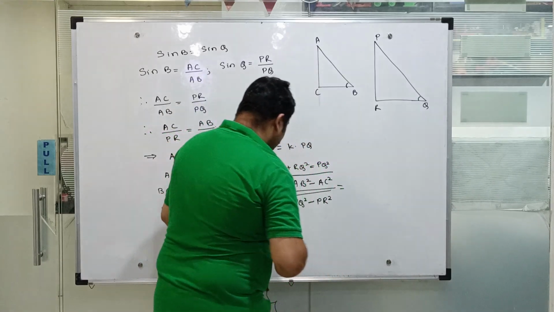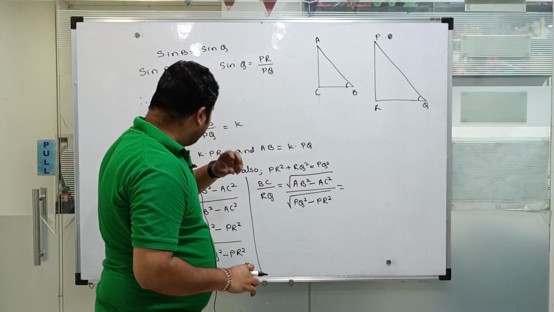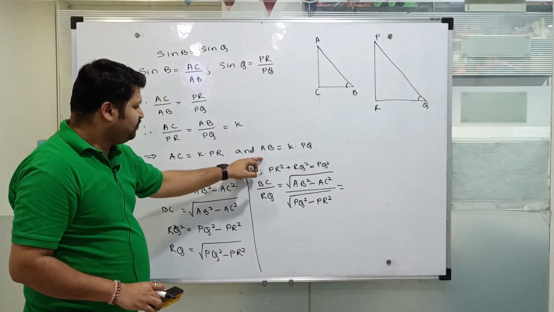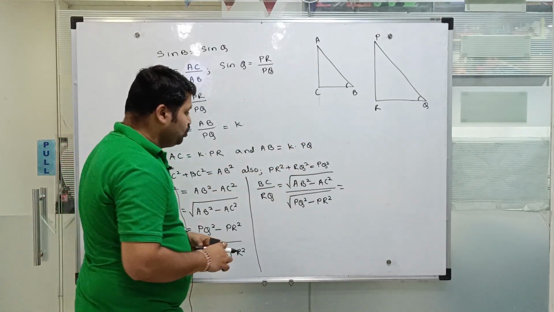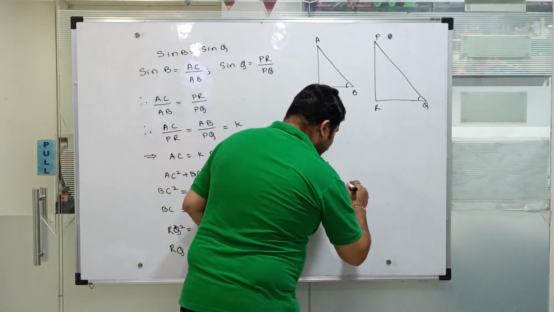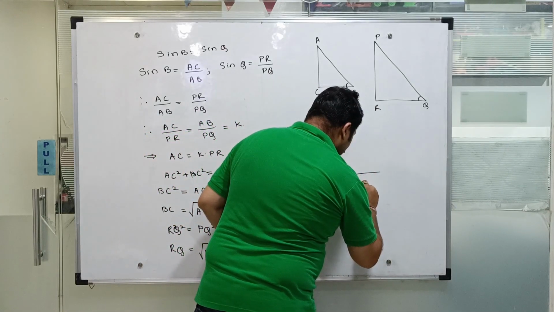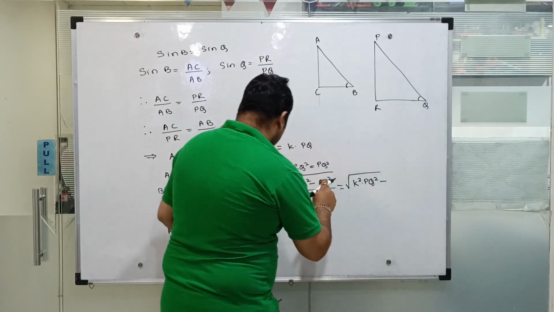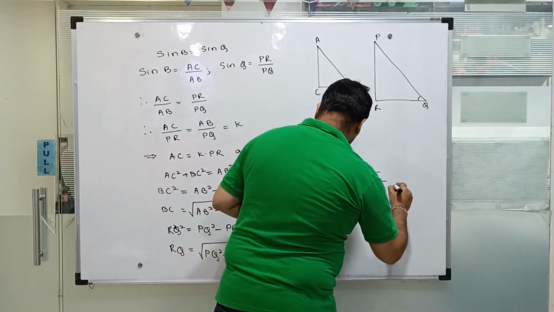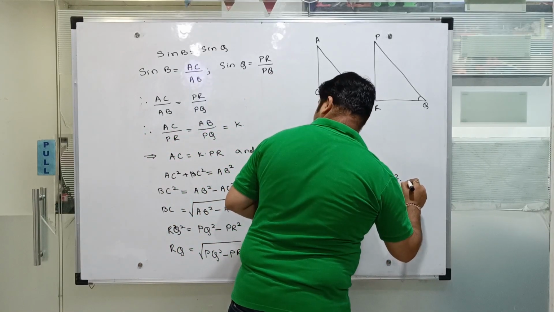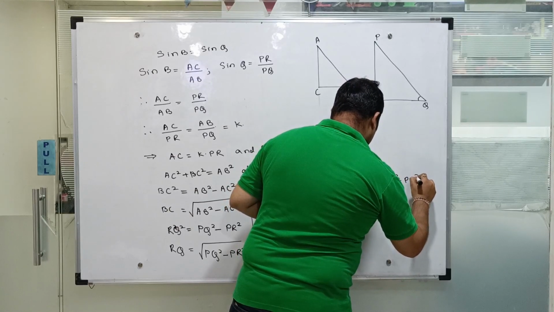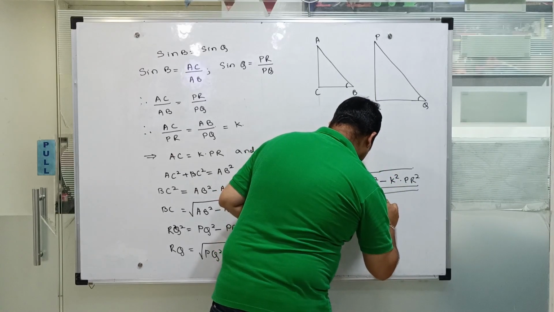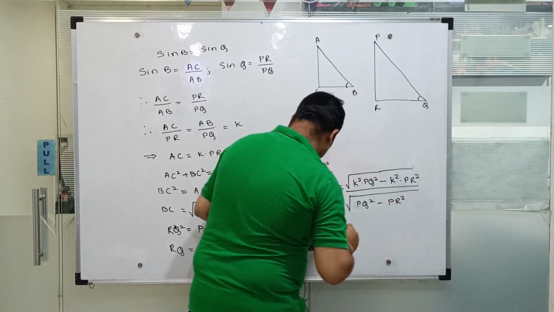However, AC is K times PR and AB is K times PQ. So AB square will be equal to K square times PQ square, minus AC square, which will be equal to K square times PR square. The whole thing divided by PQ square minus PR square.